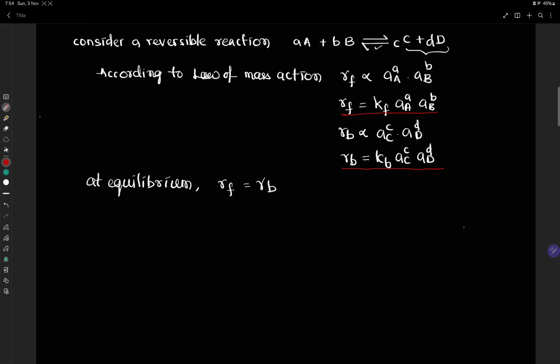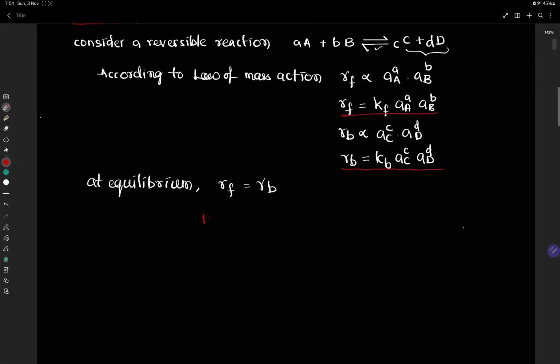That means RF equals RB. What is RF? Kf into active mass of A power a into active mass of B power b is equal to RB, which is Kb into active mass of C power c into active mass of D power d.